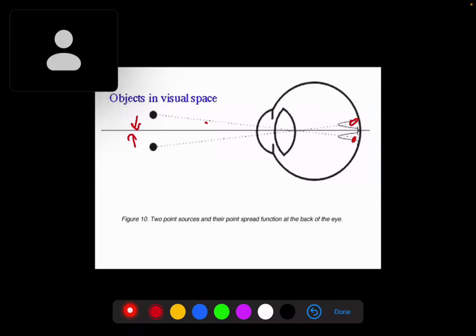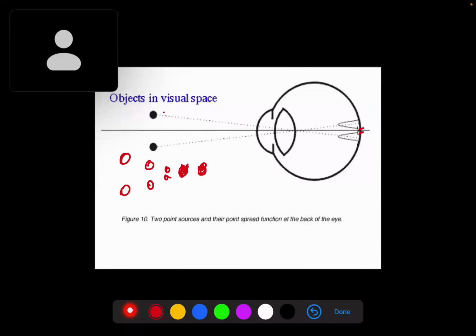The 2 points in the eye will also become closer and closer. At one point, they will fall on exactly the same place, at which point you will see only 1 star.